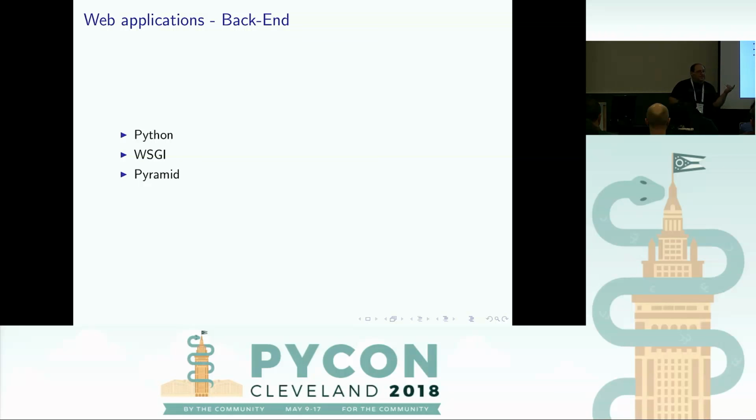But WSGI is really nice because it lets us use almost every Python web server with almost every Python web framework. So it's a good way to make sure that your choices for server and framework are disjoint, which is really important when you're making choices because some people have strong opinions and sometimes you're wrong.